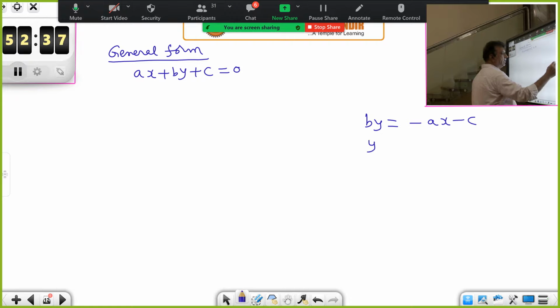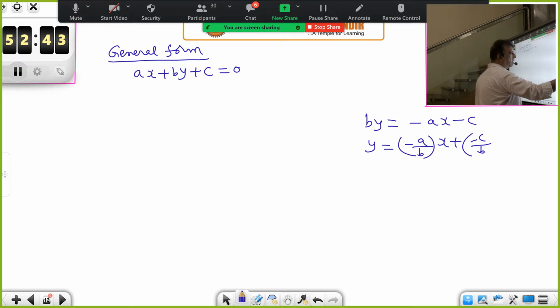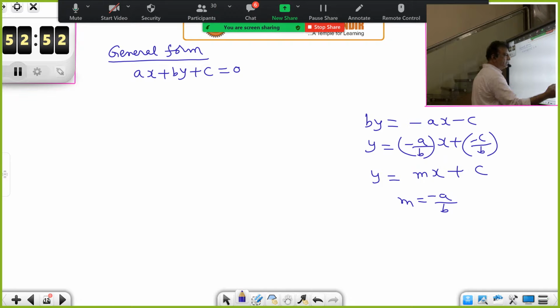Then we have divided by b. So minus a by b into x plus minus c by b. Now comparing this with our slope intercept form, m equal to slope equal to minus a by b. C means y-intercept. Y-intercept is what?